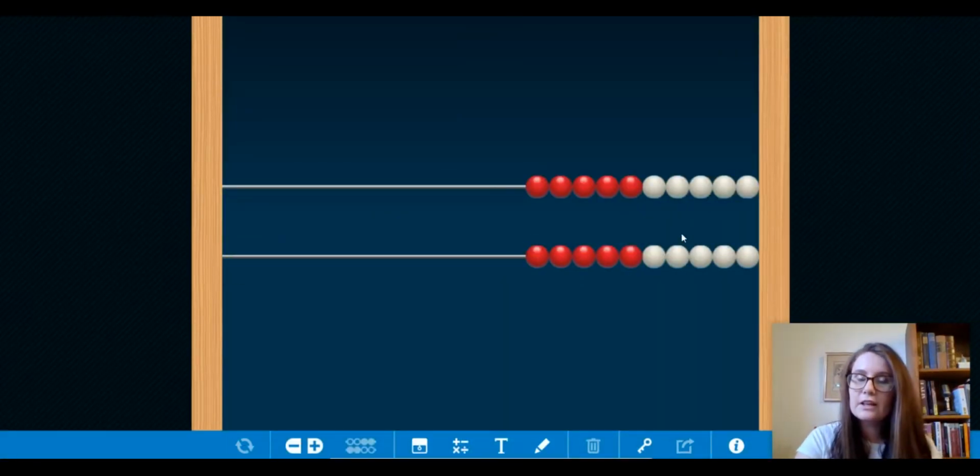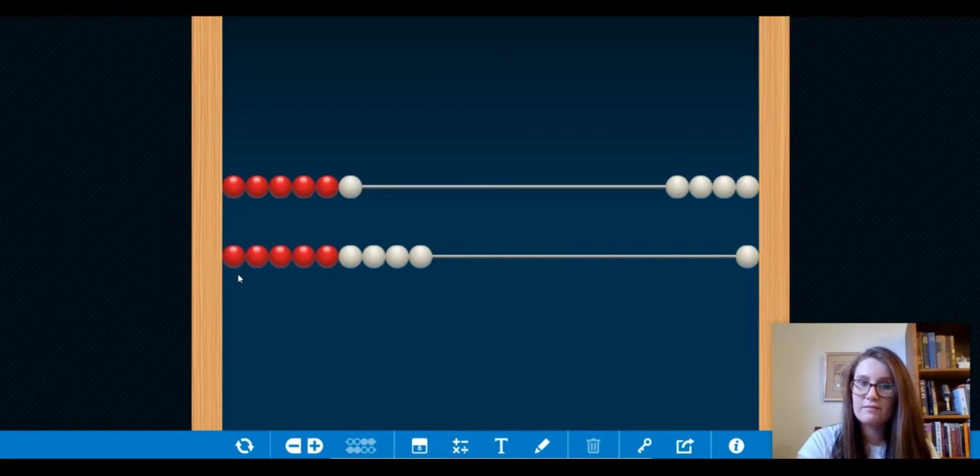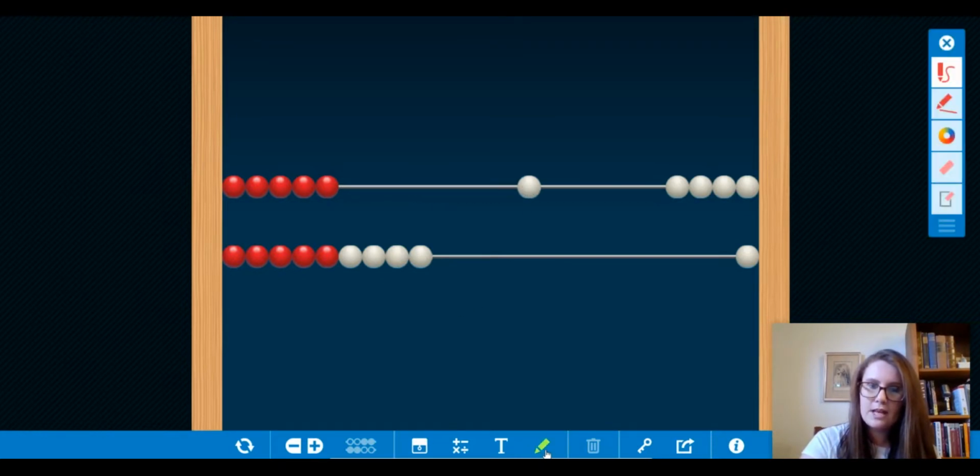then I can look and see, I can make my 6 and I can make my 9 and I can add those together. So I could think about 10. Remember on Monday I said 10 is a friendly number. So if I'm adding 6 plus 9, I'm going to take this 1 and pretend move it down there.